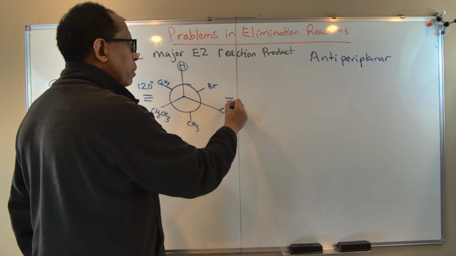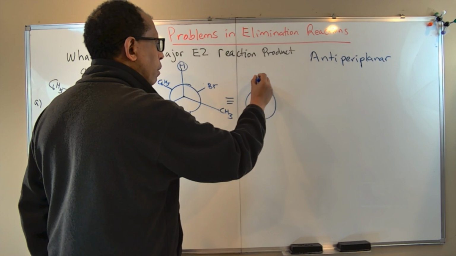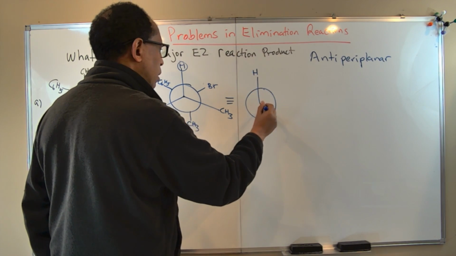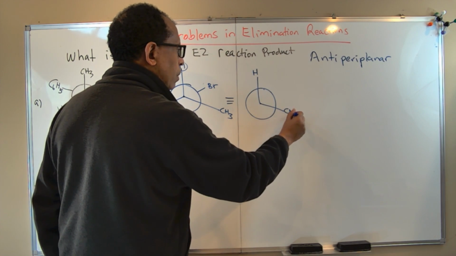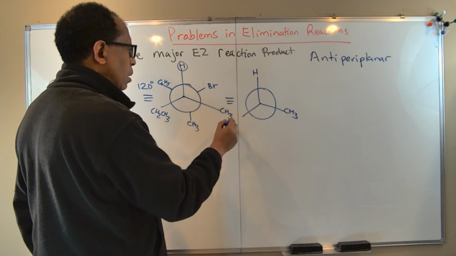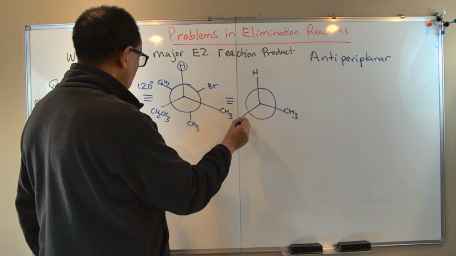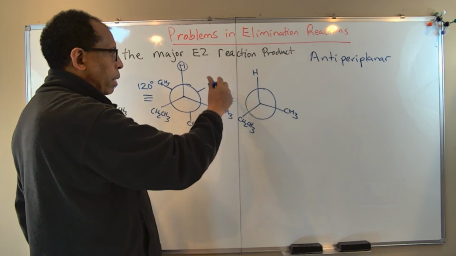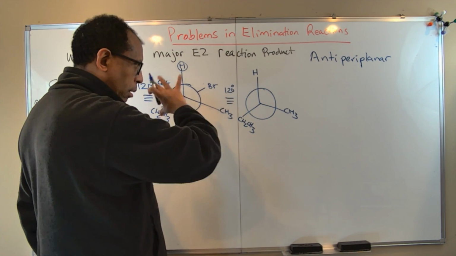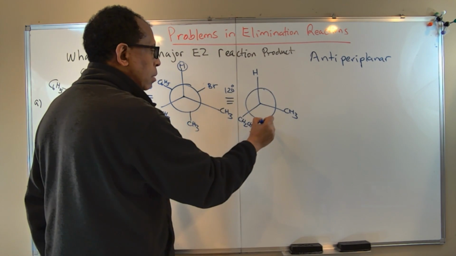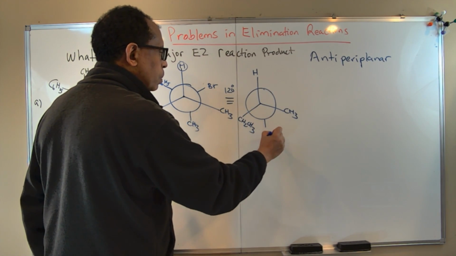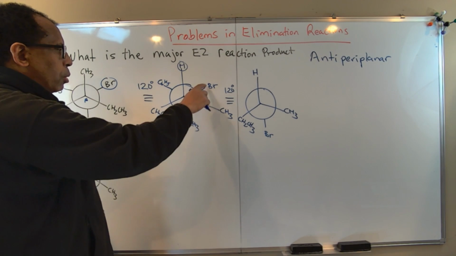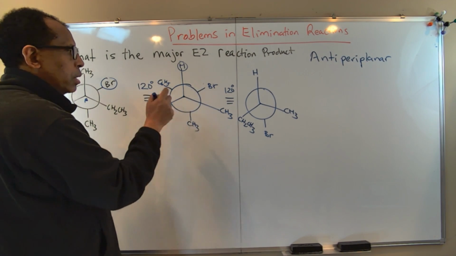So that would give me, I will keep the front as it still is, CH3, C2H5, CH2, CH3, rotating the back by 120 degrees, only the back ones. Bromine would come here, right? So when bromine comes here, CH3 goes here.